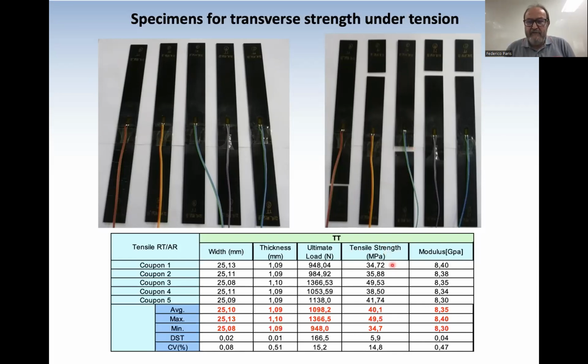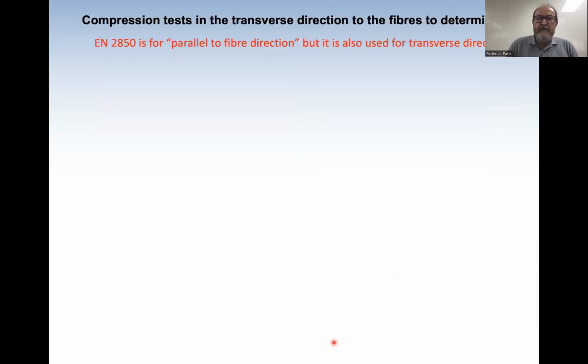For instance, here you have 34 versus 49. This is typical, and it leads to a coefficient of variation of 15%, which is quite significant. On the contrary, if we move to a compression test, the problem is much more complicated in terms of the standard.